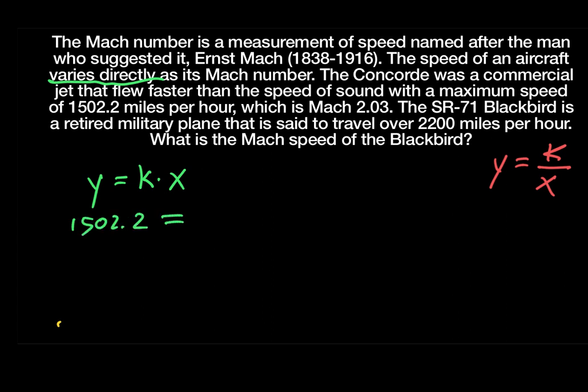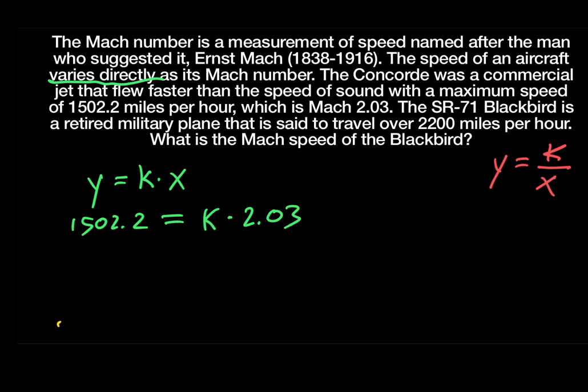And it had a Mach number of, so constant of variation times 2.03, because it tells me they vary directly. Speed and Mach vary directly. So if the speed is 1502.2 miles per hour, its Mach was 2.03.